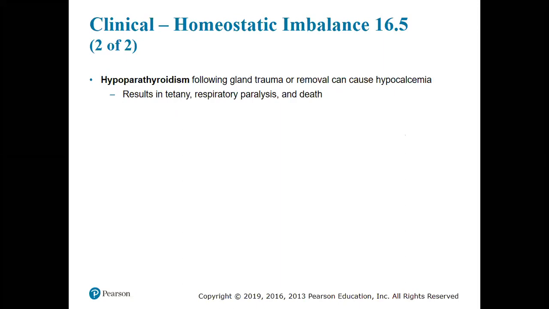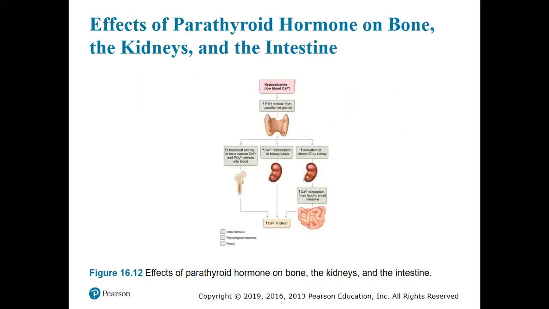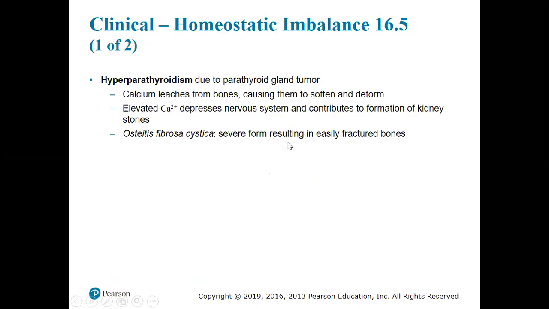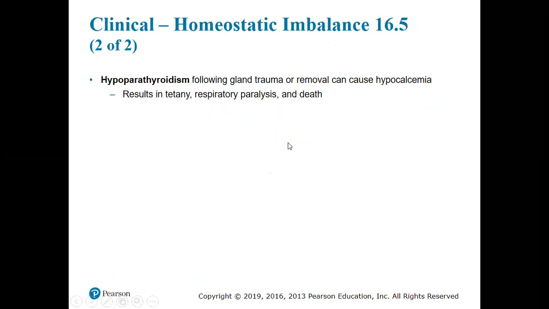If you remove half of this and you only have 2 parathyroid glands, now you're down to 50% production. It doesn't take a mathematician to realize that. Then you can get into hypocalcemia, and it could result in multiple things. It can get real bad if no one intervenes and tries to bring the hormone back to balance.